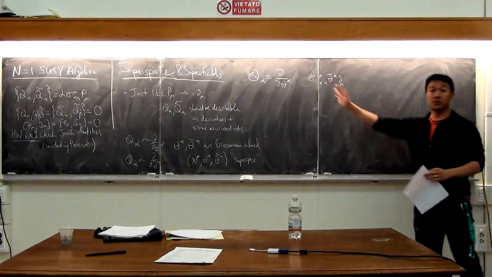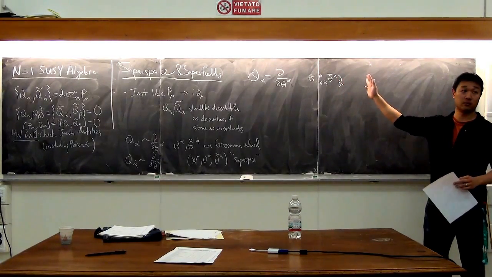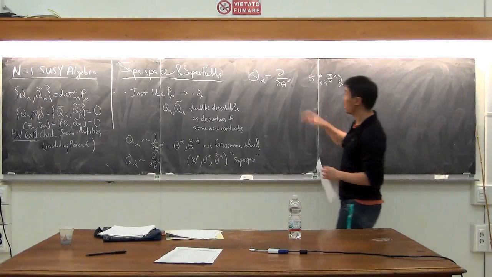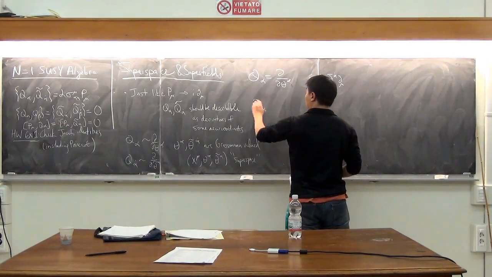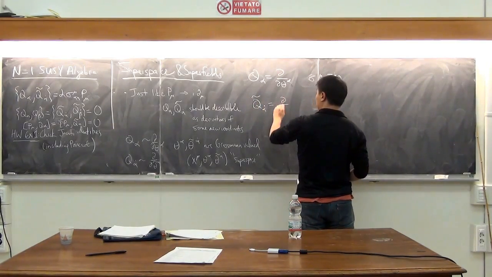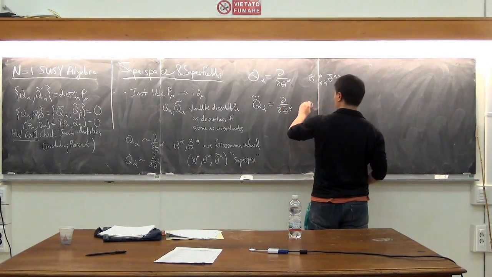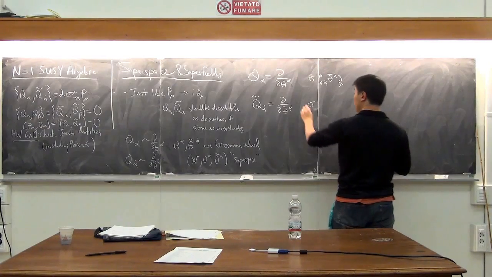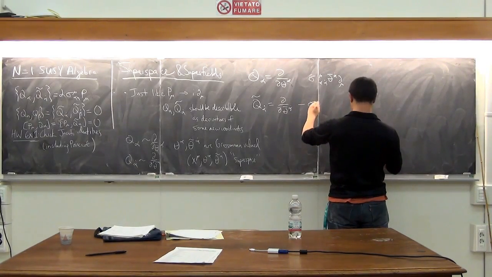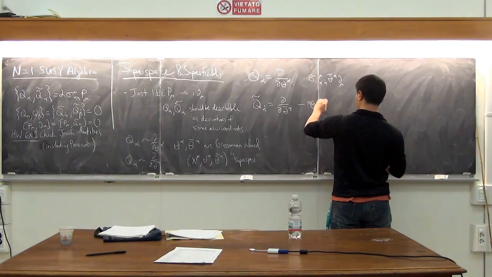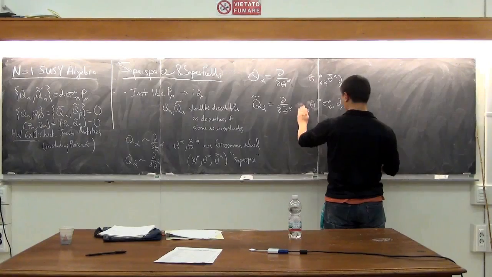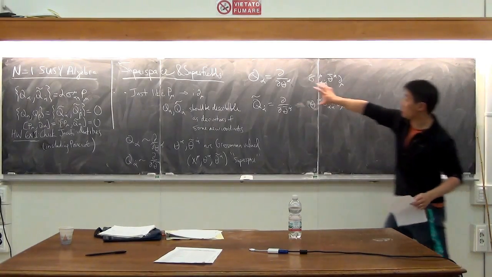Okay, you can sort of see how this, hopefully, is forced upon me. This is not a choice. And then I fix the coefficient, so similarly, I fix the coefficient here.